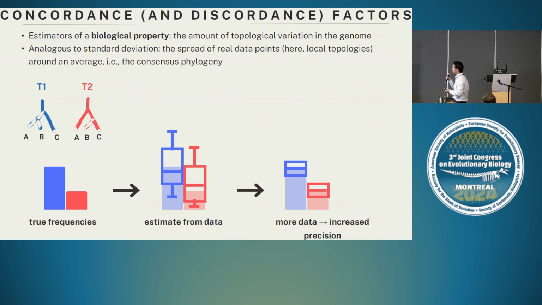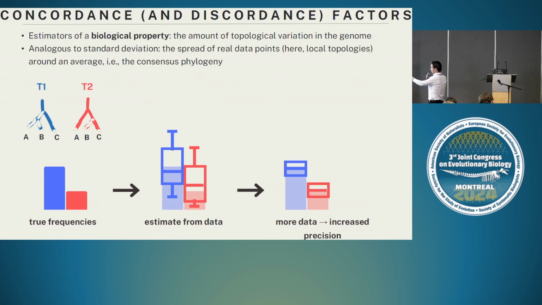Okay, so concordance factors themselves and discordance factors, their complement, these are estimators of a biological property, which is the amount of topological variation along the genome. And to illustrate this, let's say we have two topologies in the genome, and they occur at some true frequency.